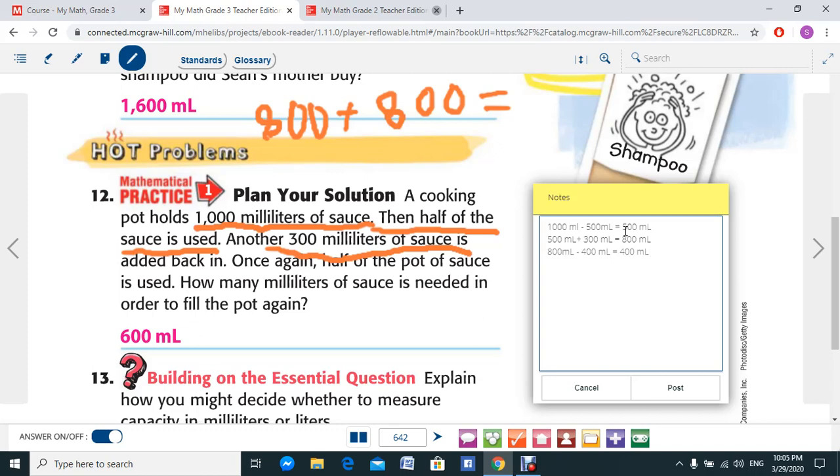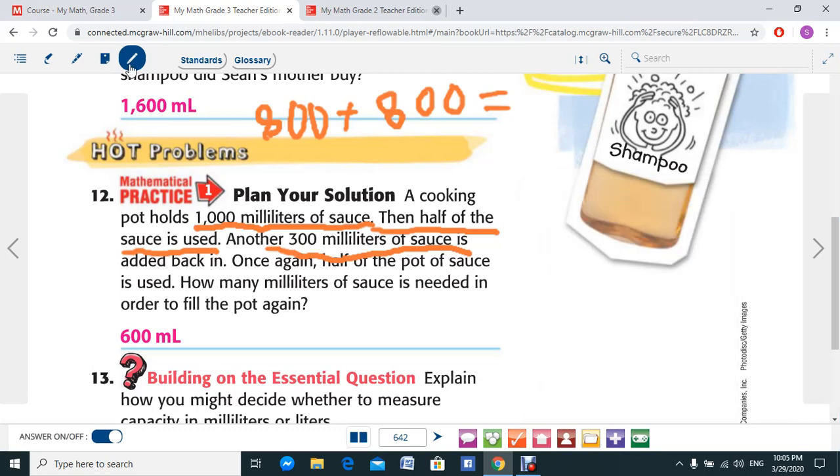But what we need to find wasn't how much is still in it. We need to find how much is needed to fill it again. It contained 400 milliliters, so we're going to subtract this 400 from 1000 to find how much we need to fill it, which is 600 milliliters.